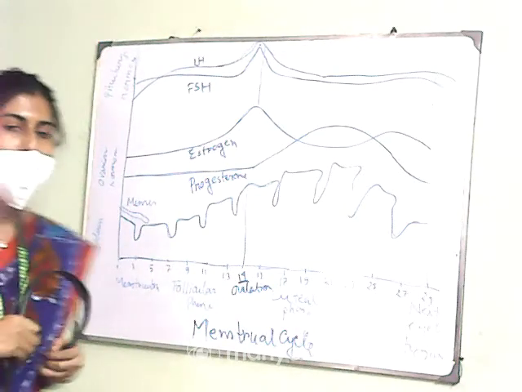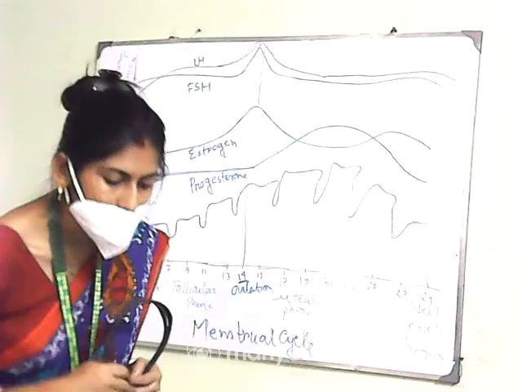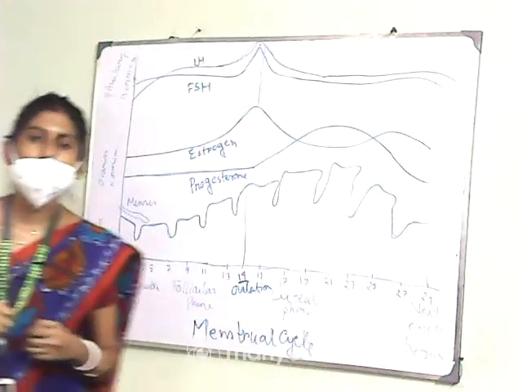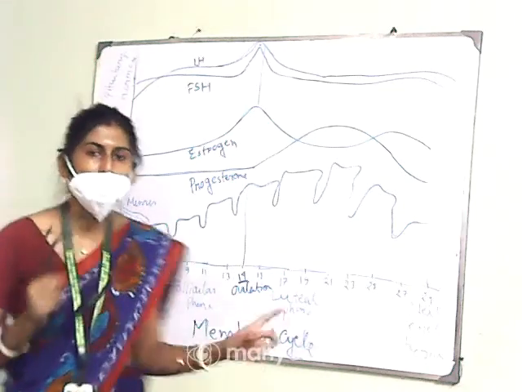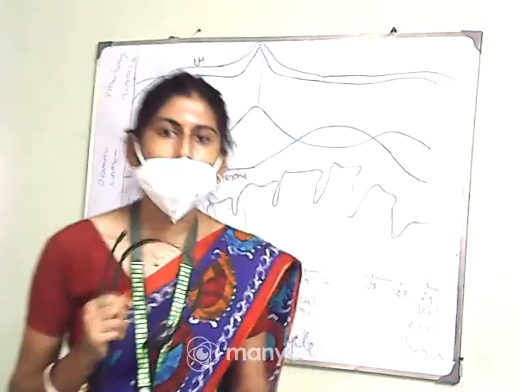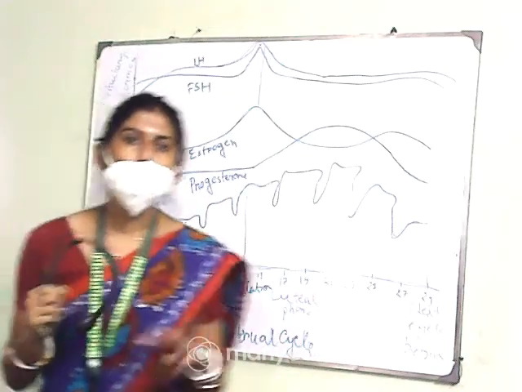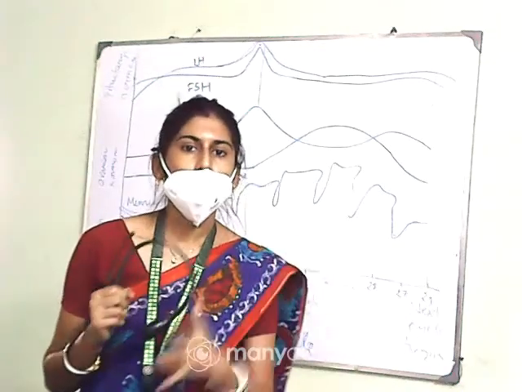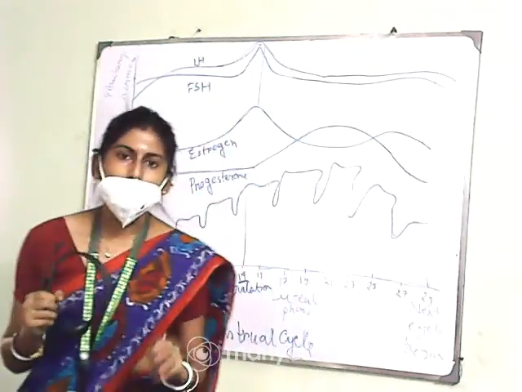So what is the menstrual cycle? It is the reproductive cycle that can be found in case of female primates. Okay, so particularly this menstrual cycle can be found in female primates. So in the class Mammalia we will get two groups, primate and non-primate. Okay, primates are actually called Primata.